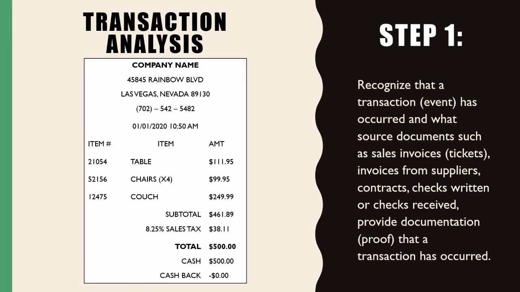A dollar per dollar transaction has occurred, okay? So we need to collect that piece of information, proof that a transaction has occurred. So that's step 1. In this case, we do the example where we bought some furniture, in a grand total of $500, right?